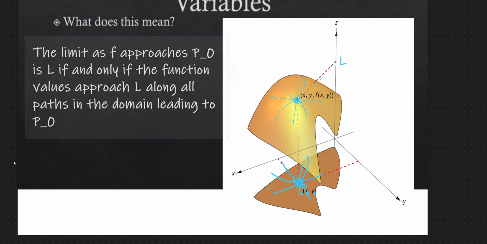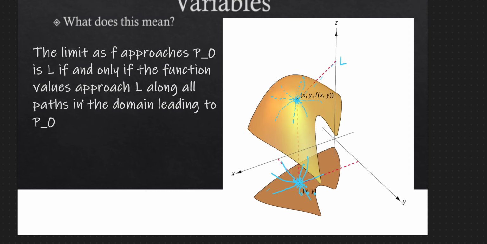But this works best in the contrapositive. That is, if I can show that there are two paths. So if there are two paths, let me write this down here.